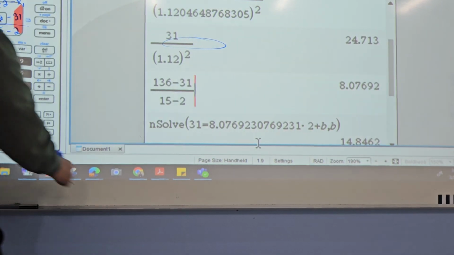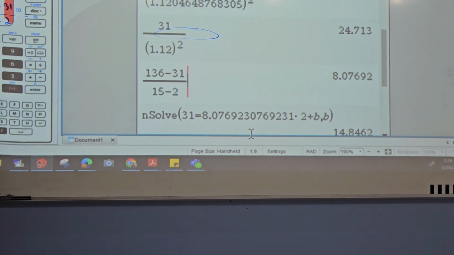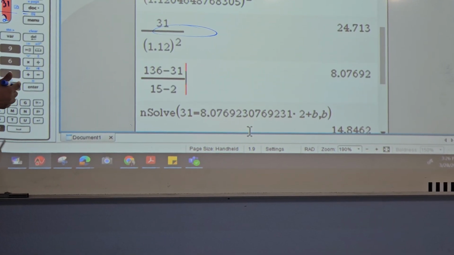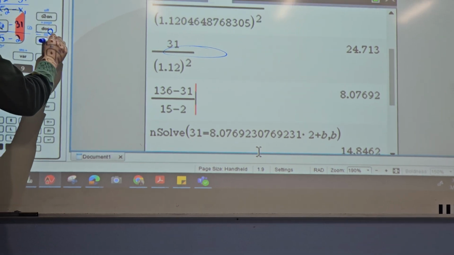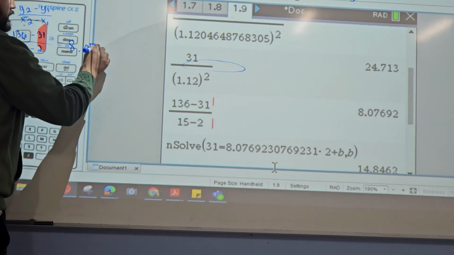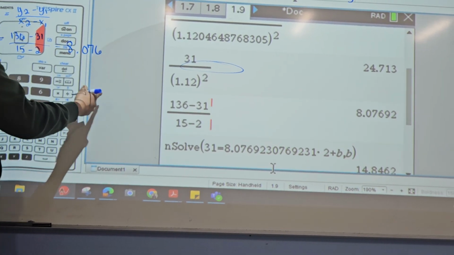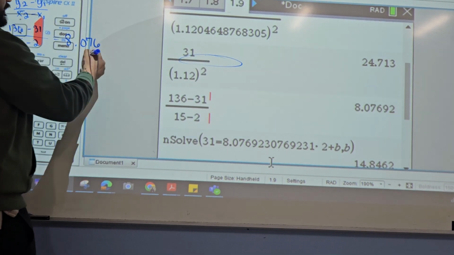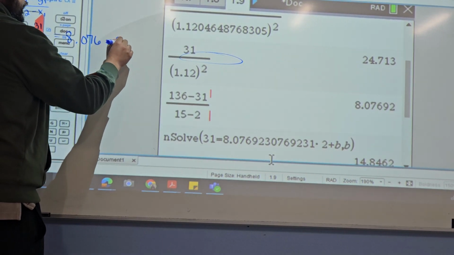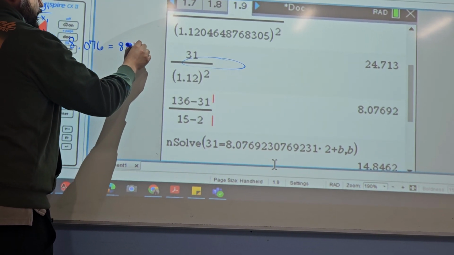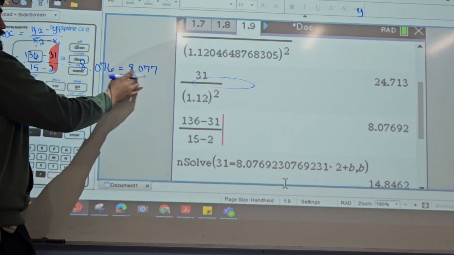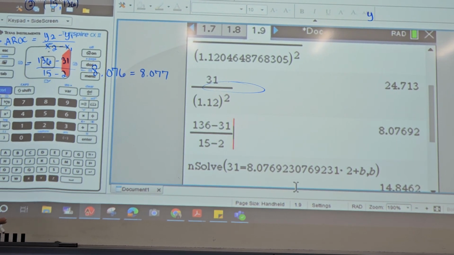So again, do I approximate now? The answer is yes. For slope, for this one, yes, 8.076, and if you wanted to, instead of putting a 6 here, you could also put 8.077, right? As long as you're between these two, you'll get the point, okay?